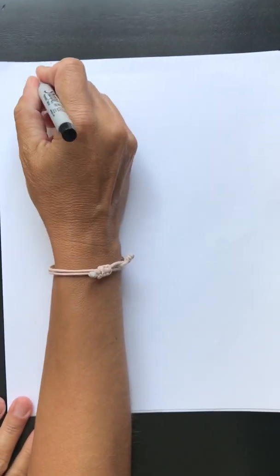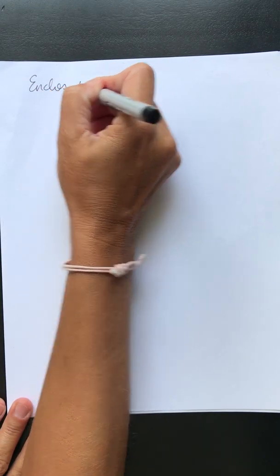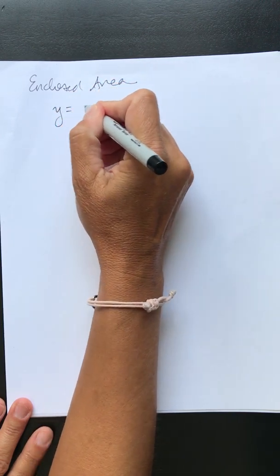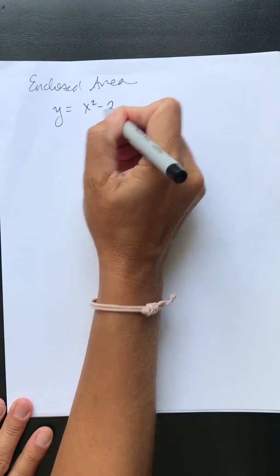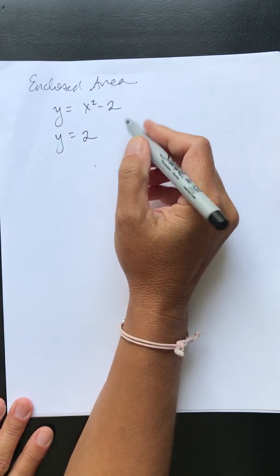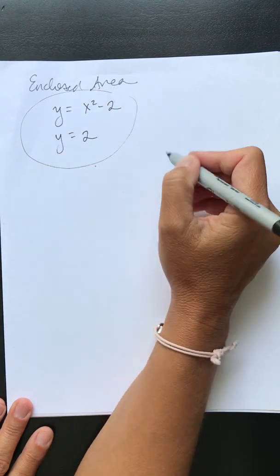So one last one that I want to give you an example. So we talked a little bit about when I have an enclosed area. So if I want to find the area bound by y equals x squared minus 2 and y equals 2, I didn't give you the points of intersection.